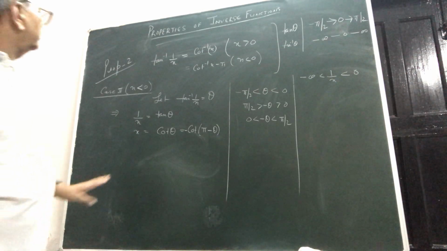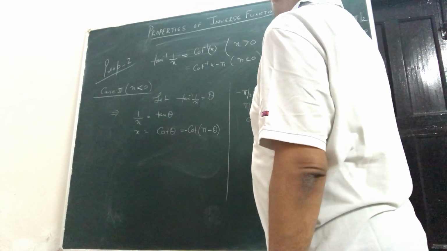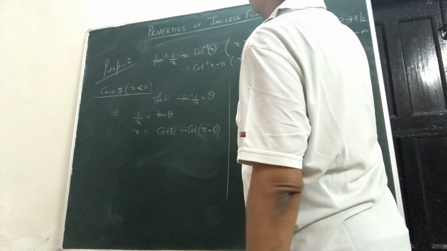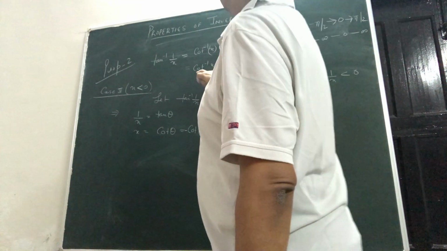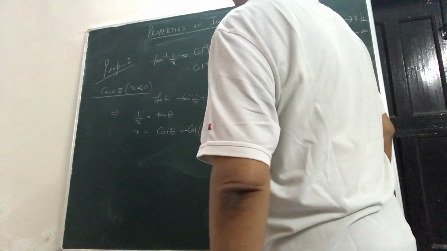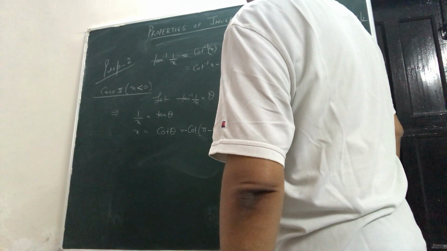No, something has gone wrong here. Let me just check it. 0 to minus pi by 2 is theta. 1 by x, where is it?